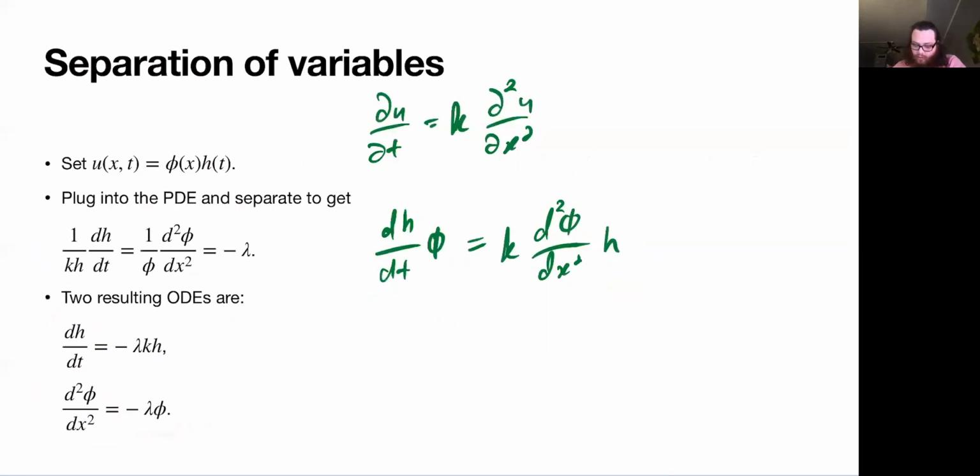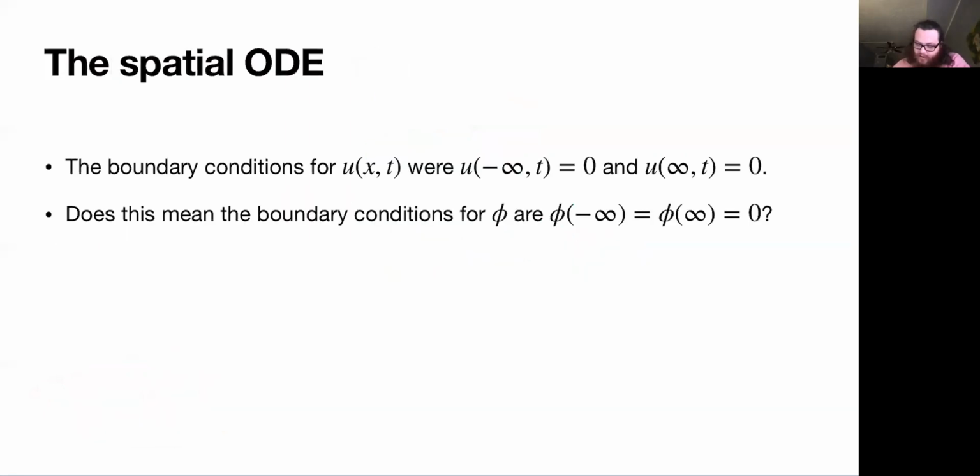And so as before, what we're going to do is say, well, we have spatial information. So let's try to figure out what solutions there are to this ODE, figure out what possibilities for lambda there are, and then plug those back in and solve for h. So what happens?